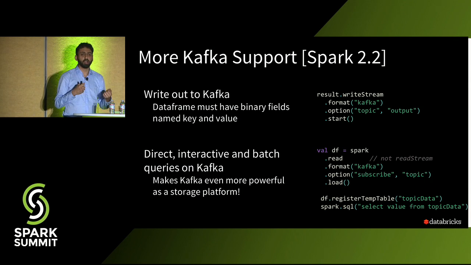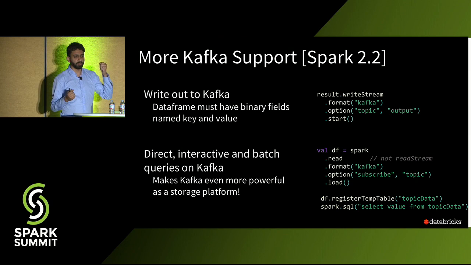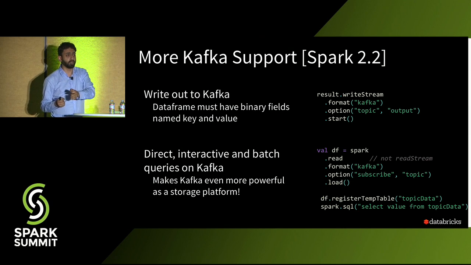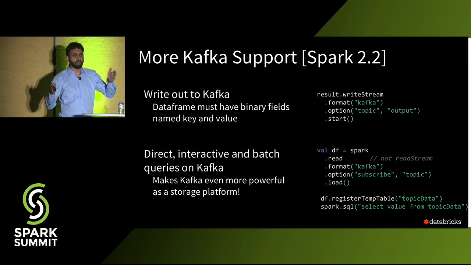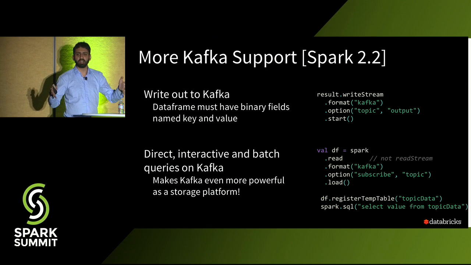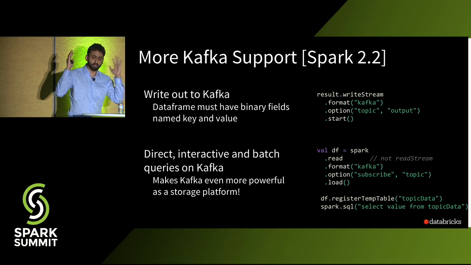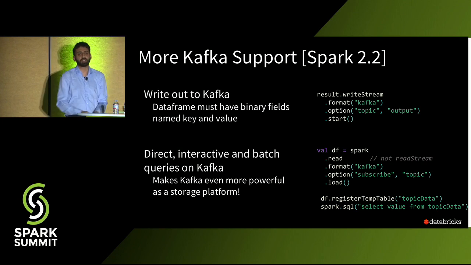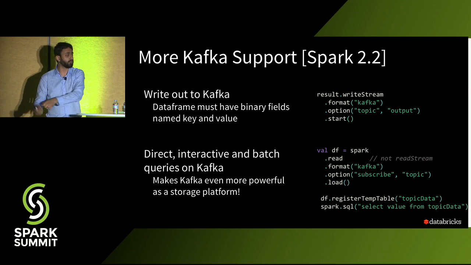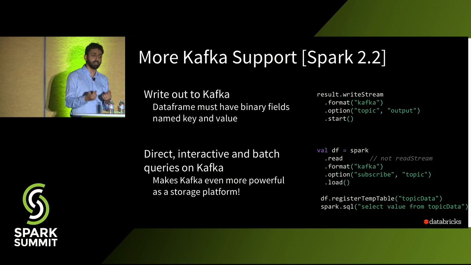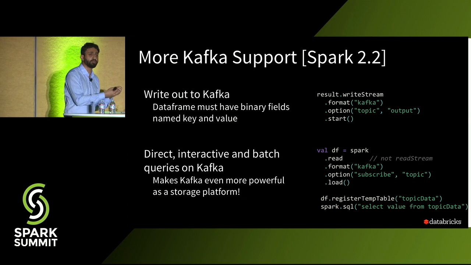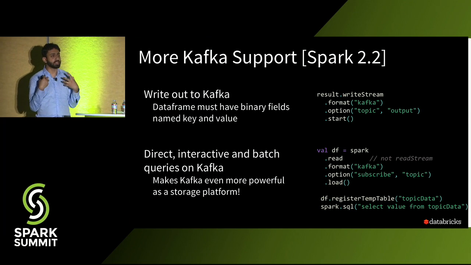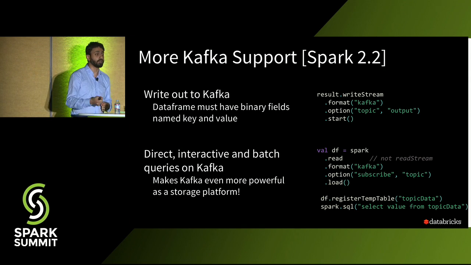This gives you a lot of power to restart the streaming application from the latest data, figure out the range of offsets in your topic that was not processed, and run a huge backfilling batch job to fill that hole in the Parquet files. All of these things can be done because of this ability to directly run batch and interactive queries on Kafka.